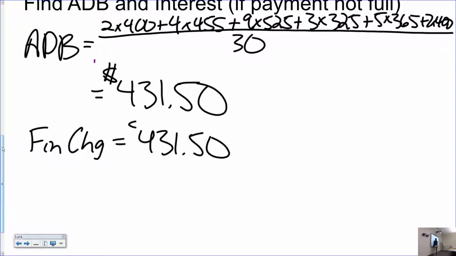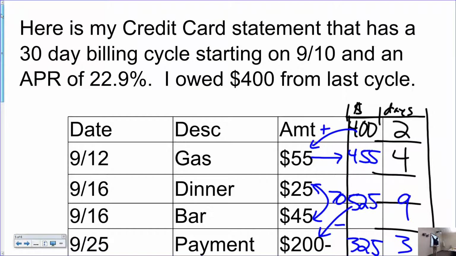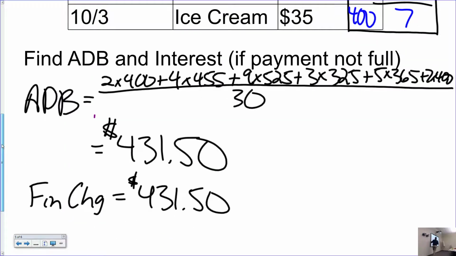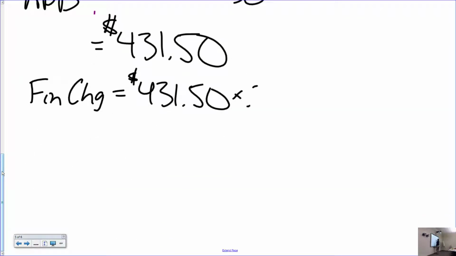That's why you calculate average daily balance, folks. That's the P for the principal. What was the rate on my card? 22.9%, which I write as 0.229. That's R. Now what's T? 30 over 365. And remember that credit cards must use exact time, folks, so always over 365.